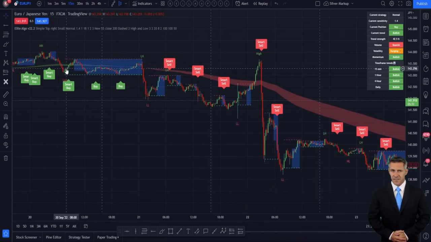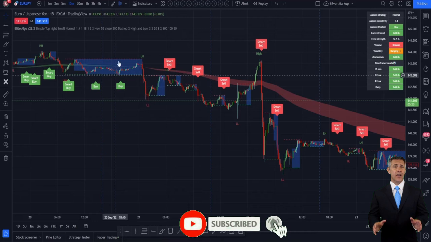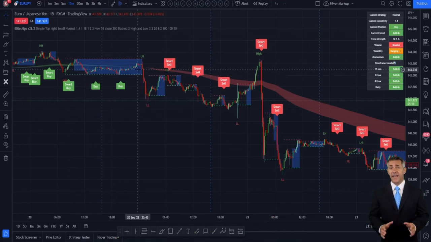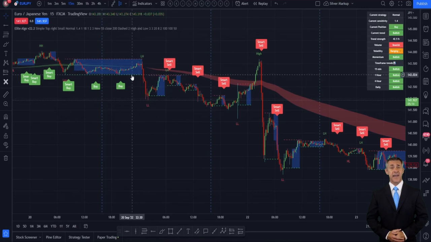And with those consolidation zones, it's going to find prices that are bunched up or a range in the market. And simply what we're looking for is a break and retest of that zone. So Elite Algo finds what to look at and then we execute. For example, it changed to a downtrend right on the break of this consolidation zone. And then from there, we get the retest.